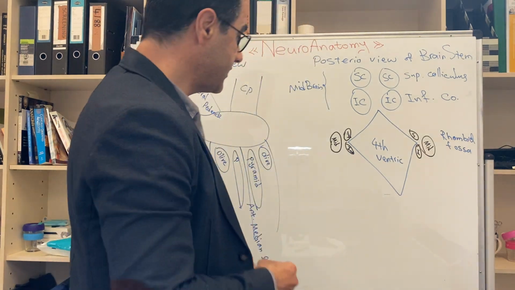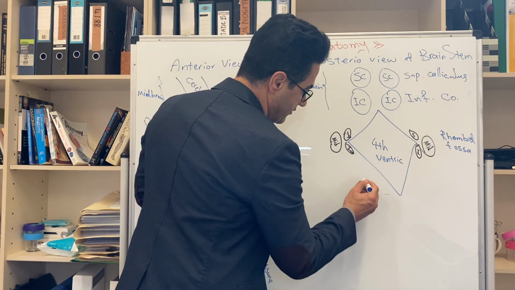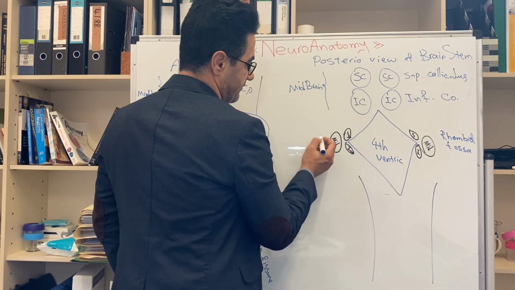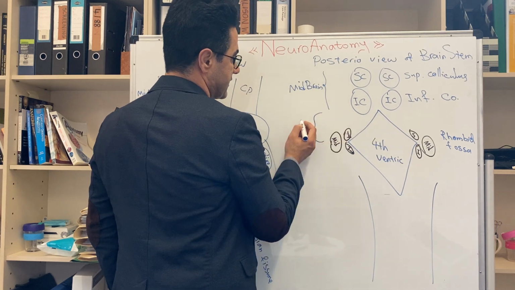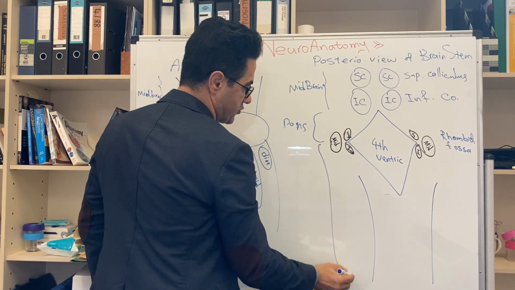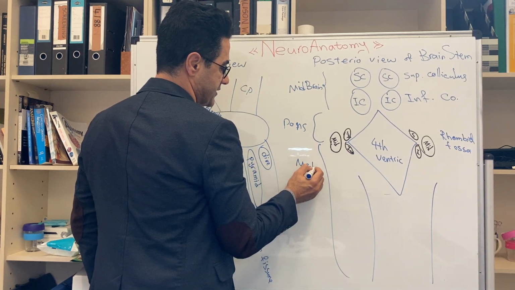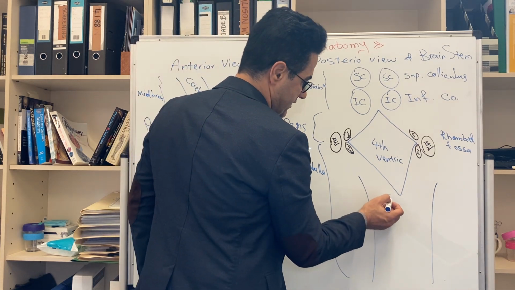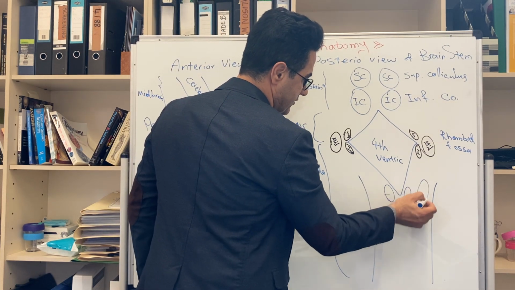And then down here we have the medulla. Here is the pons, and this one is called the posterior view of the medulla. So you can find here two medial bumps and two lateral bumps.